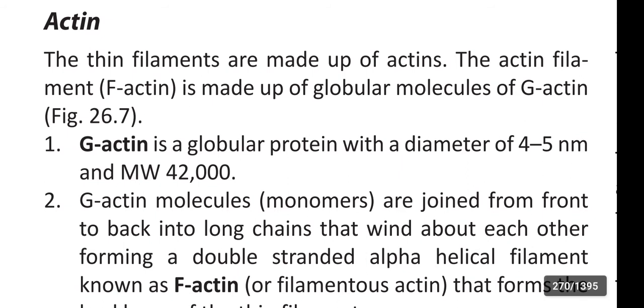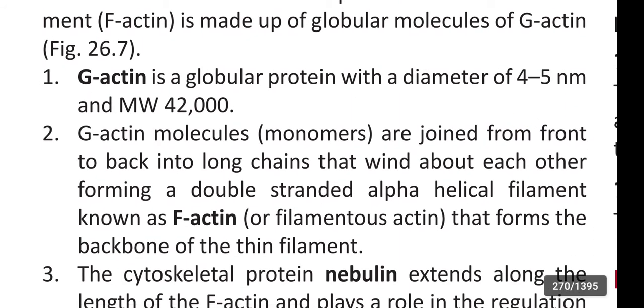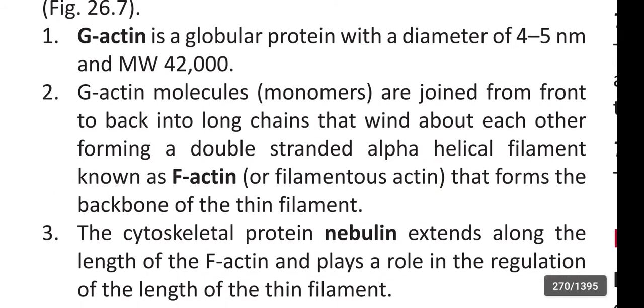G actin is a globular protein with a diameter of 4 to 5 nanometers and molecular weight 42,000. G actin molecules or monomers are joined from front to back into long chains that wind about each other, forming a double-stranded alpha helical filament, known as F actin or filamentous actin, that forms the backbone of the thin filament.